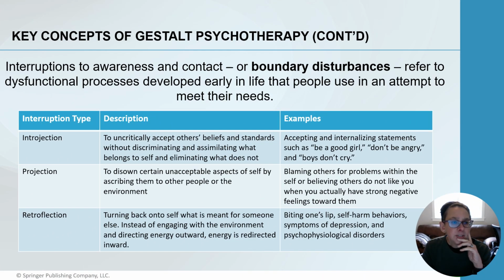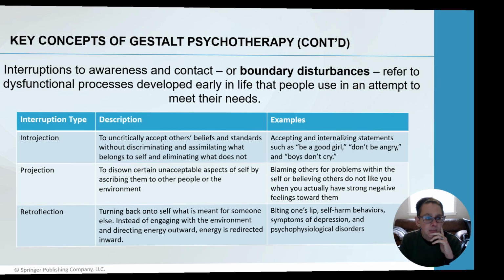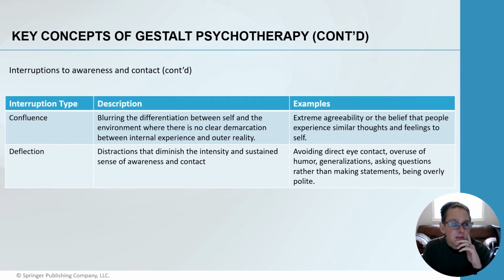So interruptions to awareness and contact, or boundary disturbances, refer to dysfunctional processes developed early in life that people use in an attempt to meet their needs. So introjection, projection, retroflexion, and also confluence. Deflection is a big one.